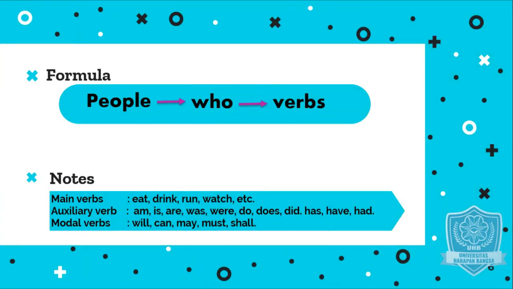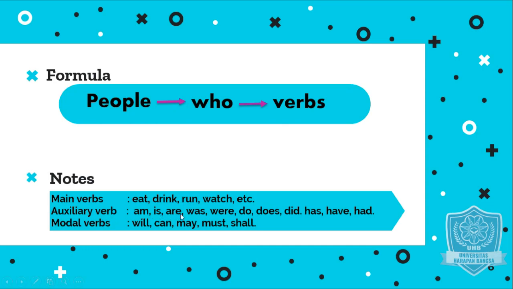So you can use this formula: who. After who there should be a verb. As you know, there are kinds of verbs like main verbs, auxiliary verbs, or modal verbs. Main verbs are like eat, drink, run, watch, etc. Meanwhile, auxiliary verbs, or in Bahasa Indonesia, kata bantu kerja: in present tense, am, is, are.